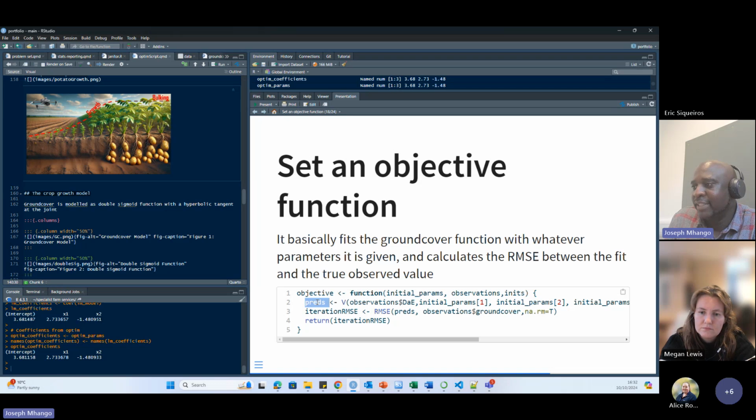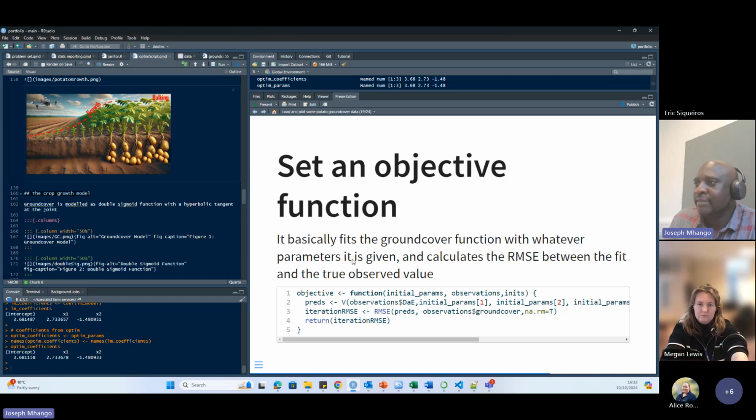And then from those predictions, I check the actual ground cover that we got. I subtract the two and calculate the root mean square error. And that's my objective function. So instead of minimizing the sum of squares errors, I'm just minimizing the root mean square error. That's the objective function that I've chosen for now.